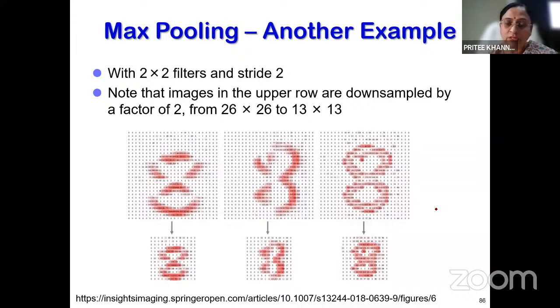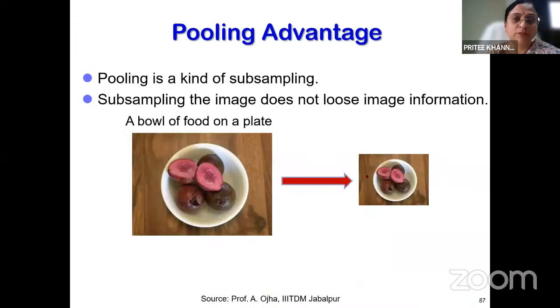It discards the noisy activations altogether, and it also performs denoising along with the dimensionality reduction. But if we take average pooling, then it simply performs dimension reduction as a noise suppressing mechanism. Therefore, we can say that max pooling performs a lot better than average pooling. So we'll find that most of the time max pooling is used.